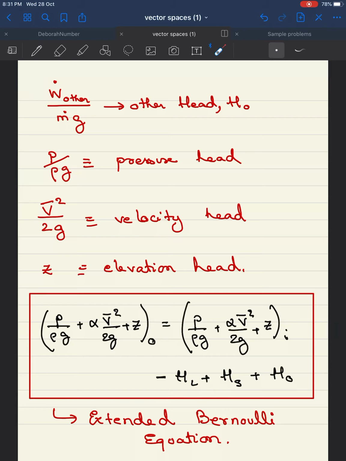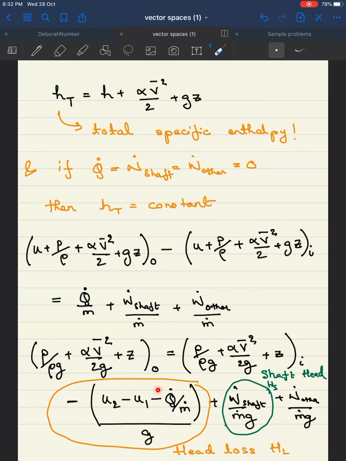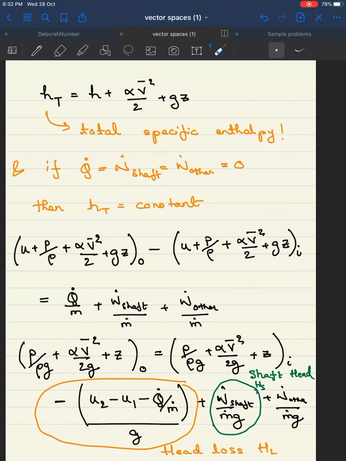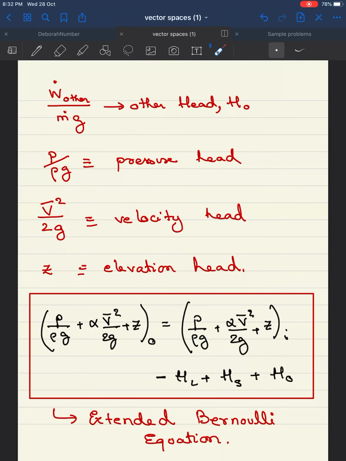And there is a loss term here, which is due to, let's say, the heat that might be lost from your fluid, and shaft work which might be added to the fluid, and another head added to the fluid. By the way, this minus HL is just traditional, so we have deliberately introduced this minus sign here, and that's just a traditional way of doing it.